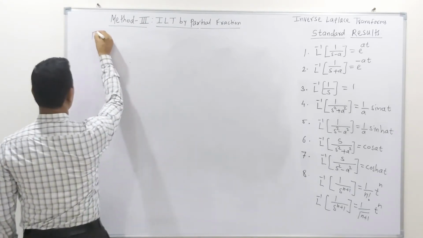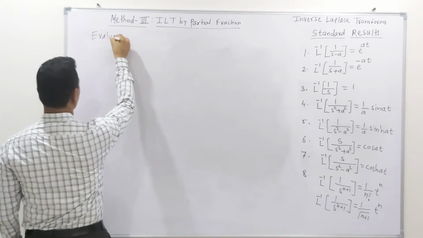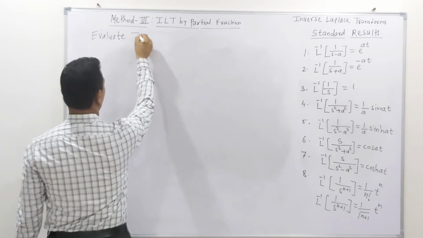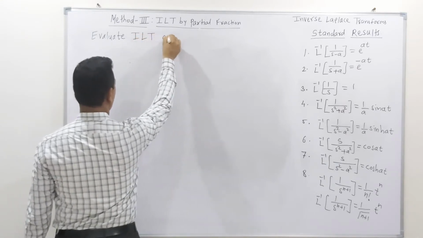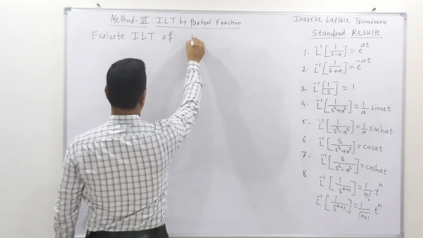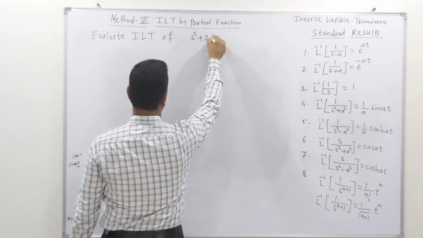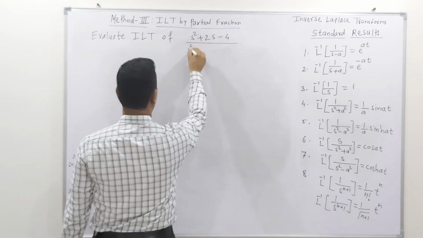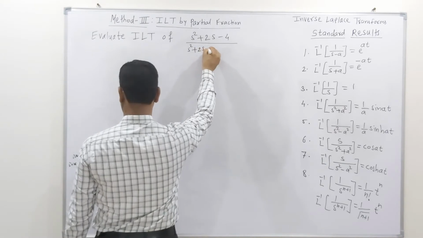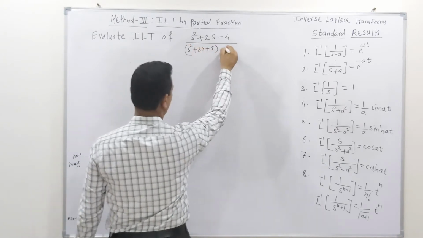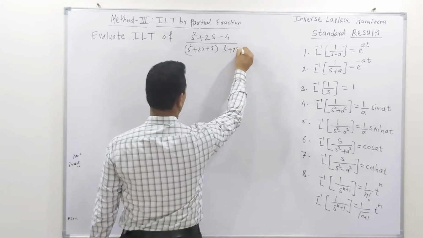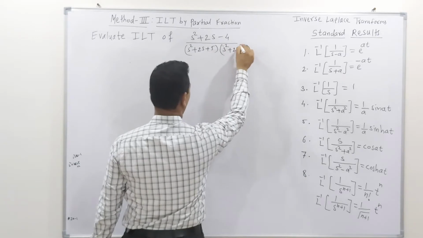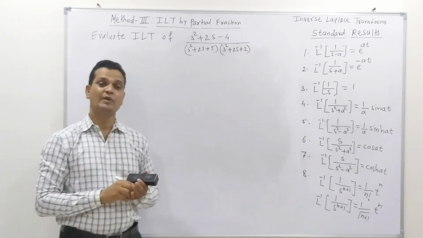Evaluate the inverse Laplace transform of (s square plus 2s minus 4) upon (s square plus 2s plus 5) times (s square plus 2s plus 2). So now this is somehow a critical example.